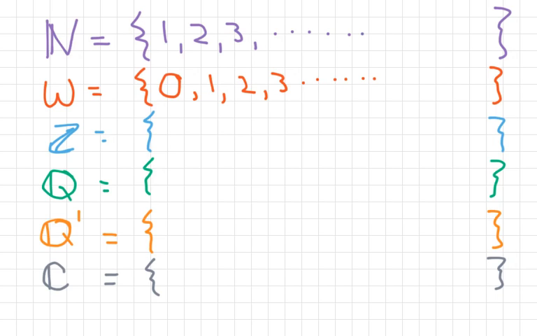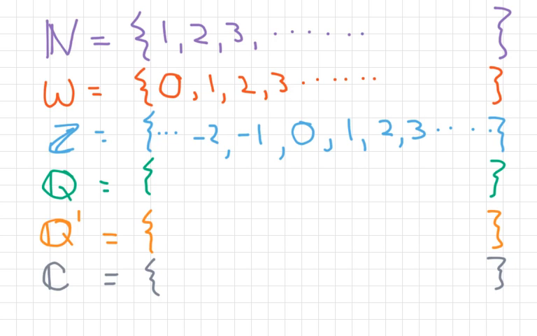Okay, the integers is the Z. That's when you all started learning the concept of negative numbers. So basically, you're including your 0, 1, 2, 3, and so on. However, you learned about -1, -2, and so forth on down. So those are your integers.